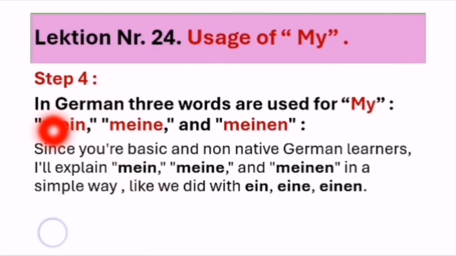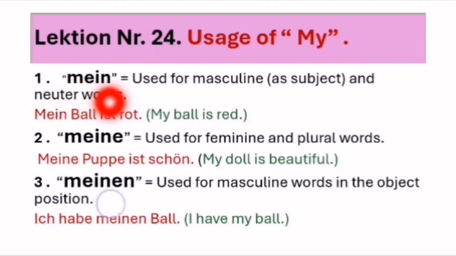Step 4. In German, 3 words are used for my: mein, meine, and meinen. Since you are basic and non-native German learners, I will explain mein, meine, and meinen in a simple way like we did with ein, eine, and einen. Look at mein. Mein is used for masculine subject and neuter words.